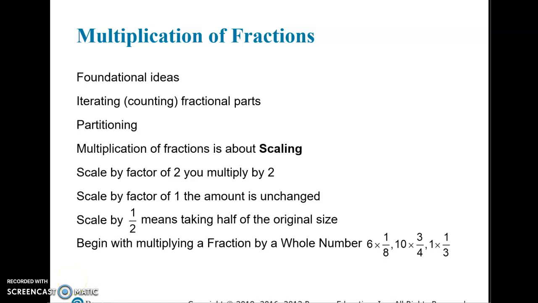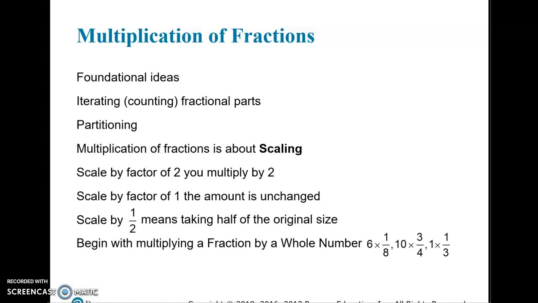A good practice is for students to begin multiplying fractions by a whole number: 6 times 1/8, 10 times 3/4, 1 times 1/3, and so on. You could also do it with mixed numbers, like 3 times 2 and 1/3. For example, 7 times 3 means 7 groups of 3, so you have 3 plus 3 plus 3, 7 times.